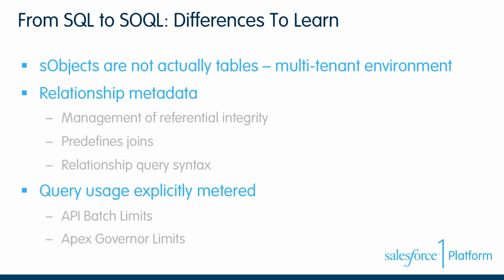So there are a whole set of governor limits and batch limits to ensure that everybody gets equal use of the system, each individual user across all the users in the multi-tenant environment. And that can create some design considerations that you may need to bear in mind as you're designing your application.